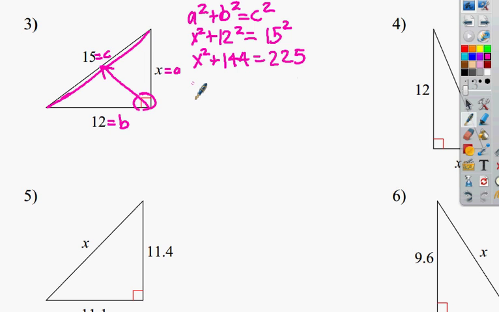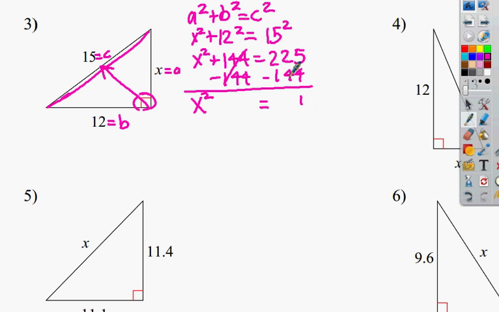Now I have an equation that's really a two-step equation, just like we did with Ms. Bodie. I have my x, I try to get it by itself. First thing I do is subtract 144. And those cancel out. And 225 minus 144, I know that's going to be 1.